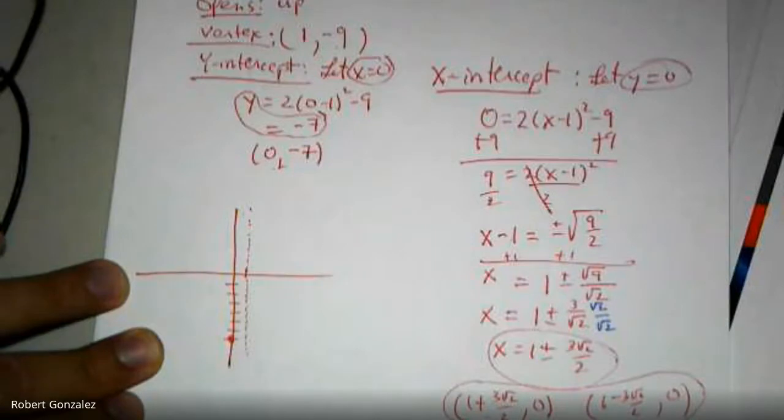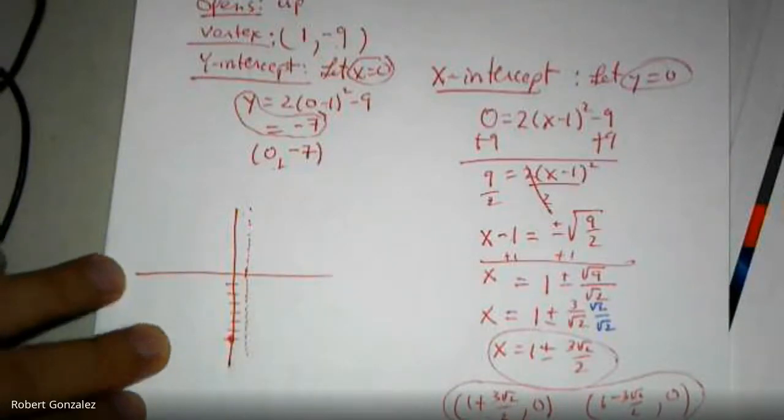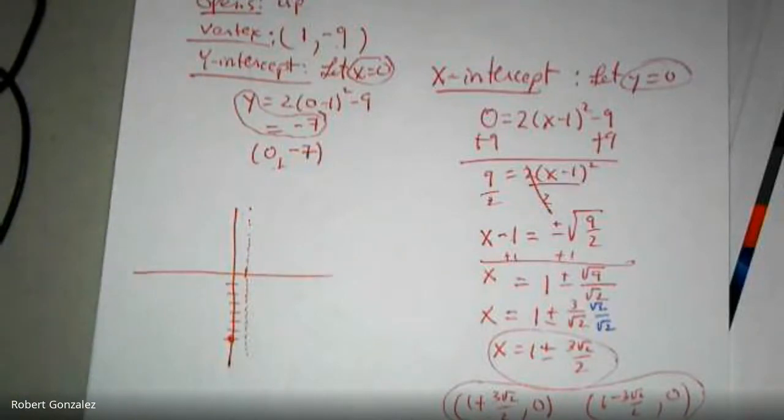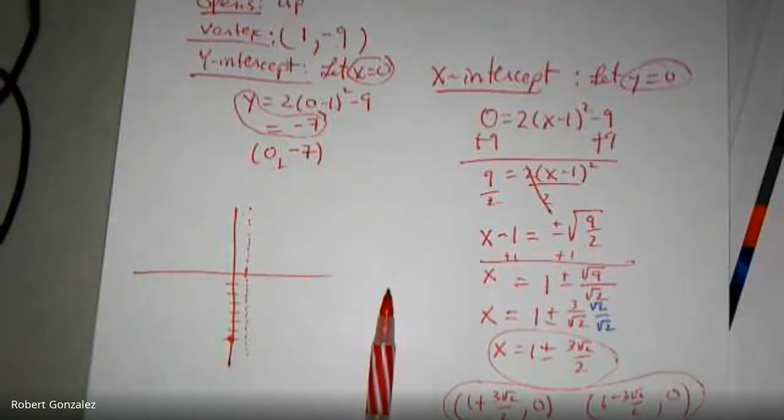Now, you have to put this in the calculator to find out what it equals. So you can graph 1 plus 3 radical 2 over 2, and 1 minus 3 radical 2 over 2. And I'm going to do that right now. This is about the hardest one we'll have to do.